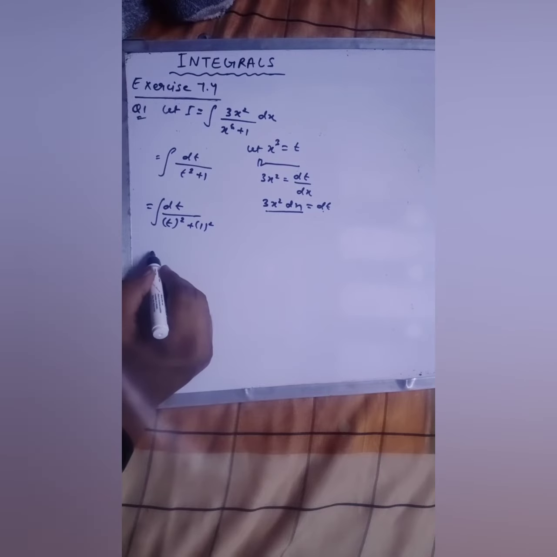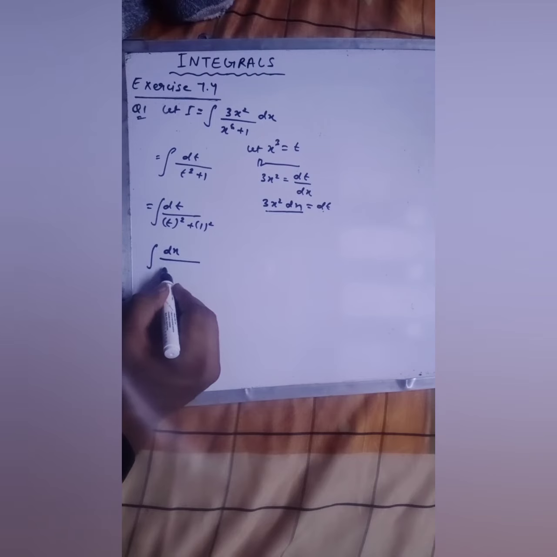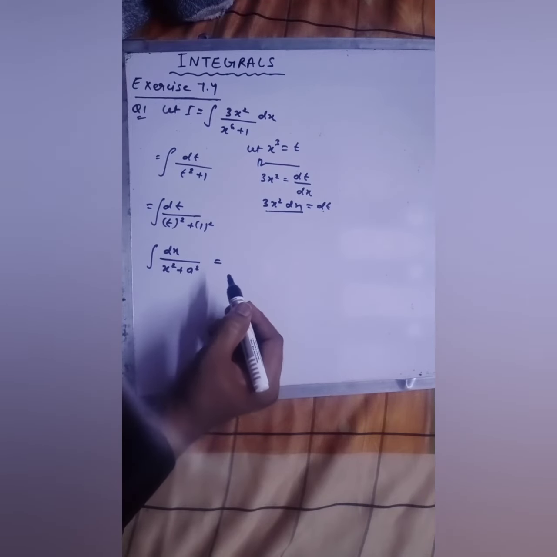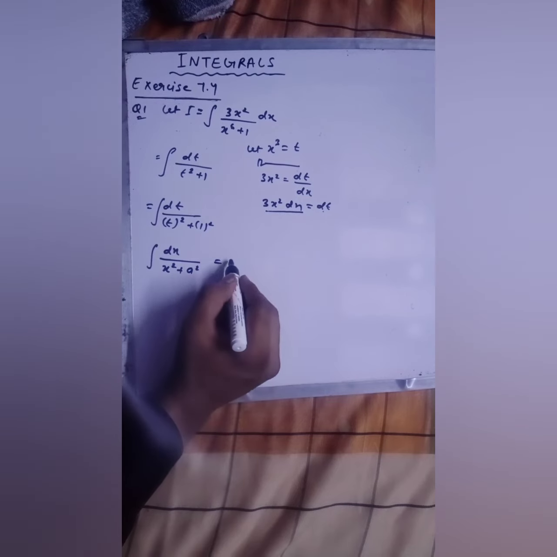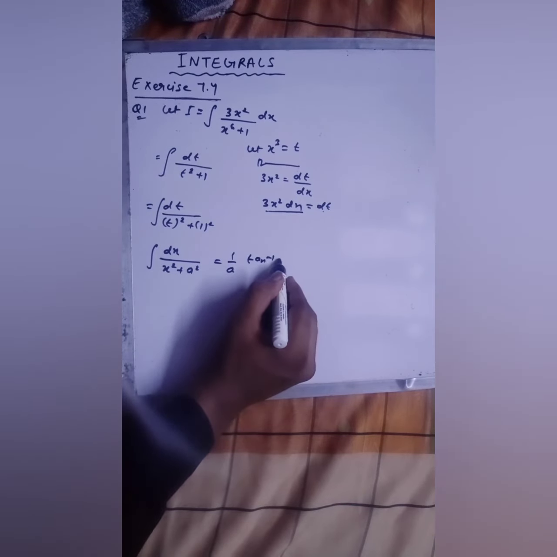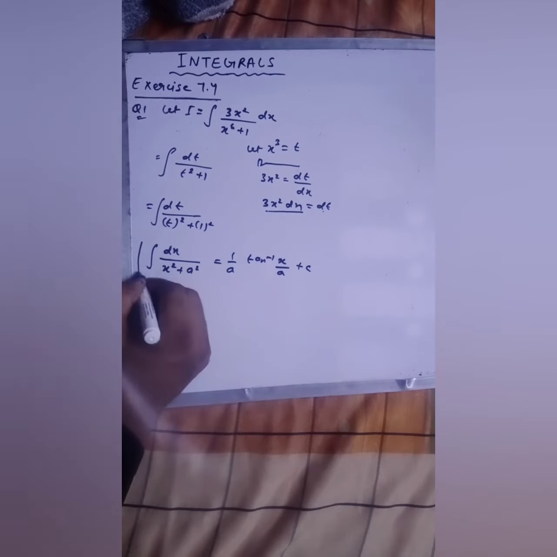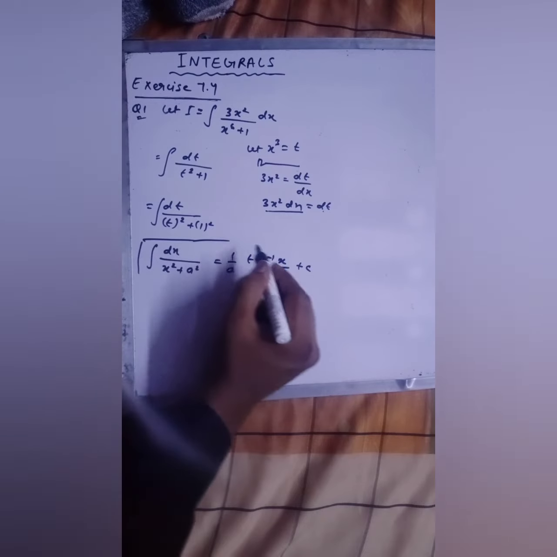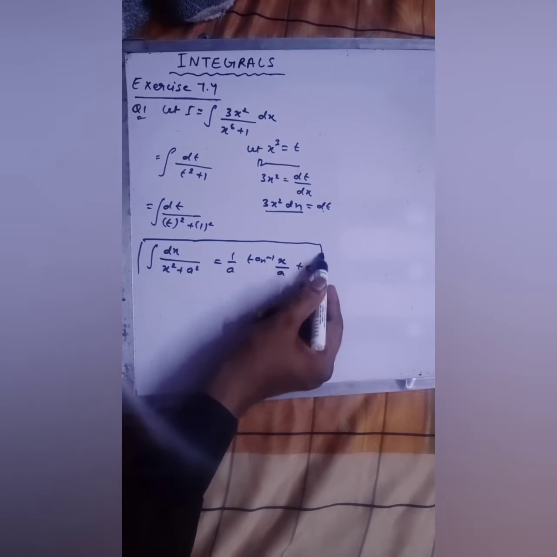I'm writing the general formula here: integral dx over x square plus a square is equal to 1 by a tan inverse x by a plus c. This formula you will apply here.